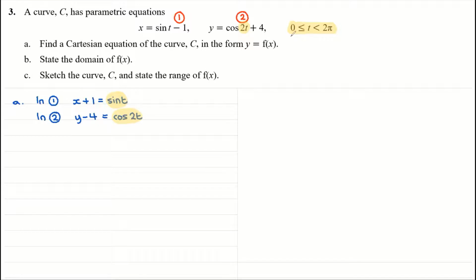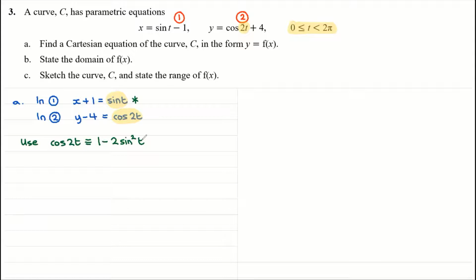And the one we want has to contain the sine t. So we're going to use cos of 2t is identical to 1 subtract 2 sine squared t. Okay, because that's the one identity that contains both of those elements that we have to have.